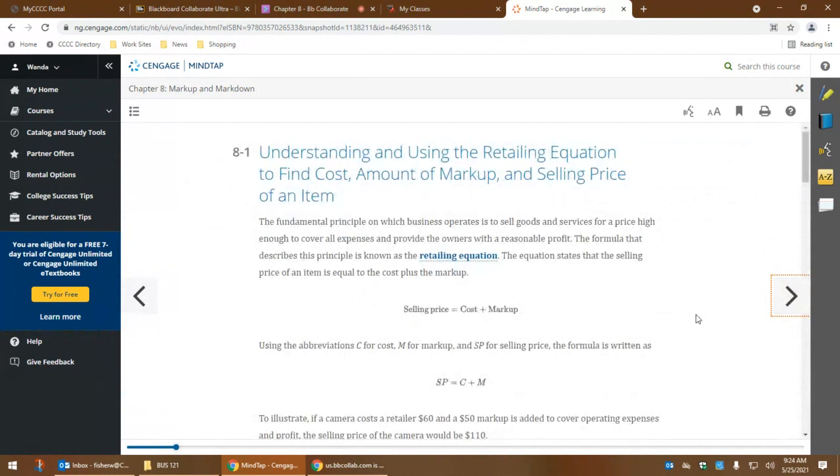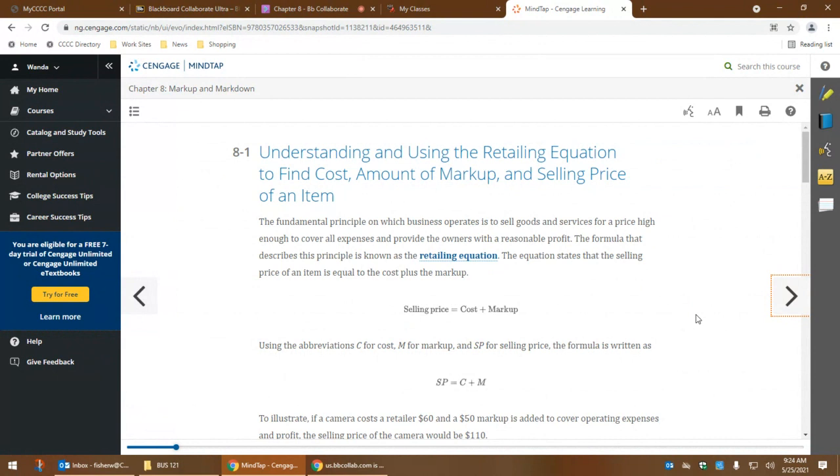So here we have some other formulas. Again, all of these formulas that we're going to talk about can be found on that page at the back of chapter 8 in your ebook. Very important page. You don't want to try to do your homework without having that page with you. So first of all, the selling price, what we're going to sell our product to the consumer for, is going to be whatever the cost of our good was, what we paid for it, plus what our markup is going to be.